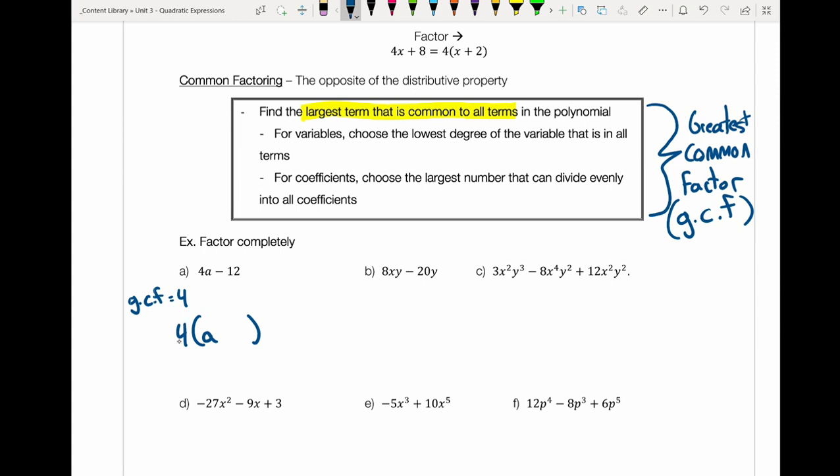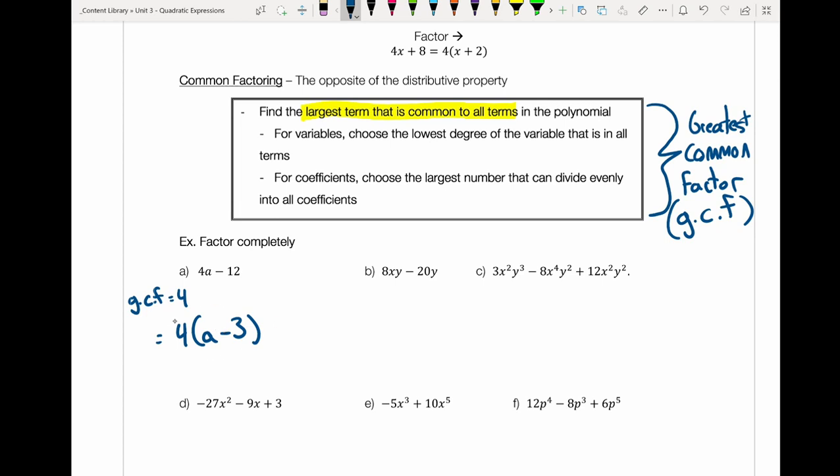What do I have to multiply 4 by to get to negative 12? Or I can do negative 12 divided by 4. It's negative 3. So if I want to factor this difference of 4a minus 12, I'm going to factor it into 4 times (a minus 3).